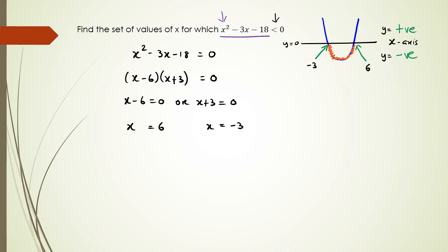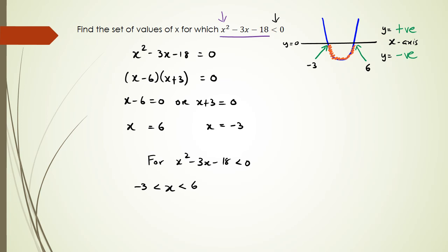That means if x is between minus 3 and 6, any value between minus 3 and 6 is going to be less than 0. So for x squared minus 3x minus 18 less than 0, we can say that x has to be between negative 3 and 6. All right, and that's how we write it.